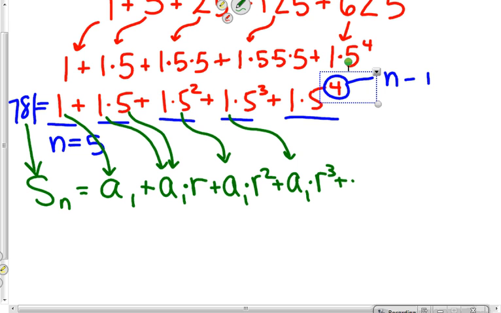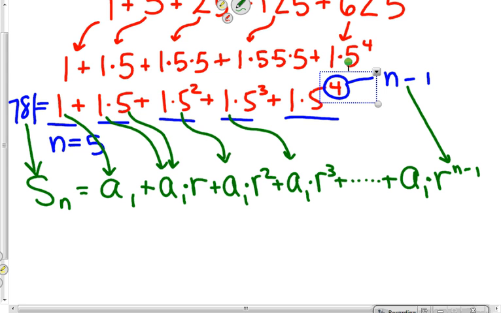And this pattern would continue until you get to the last part, which is always A1 times R to the n minus 1. We always stop with times R to the n minus 1.